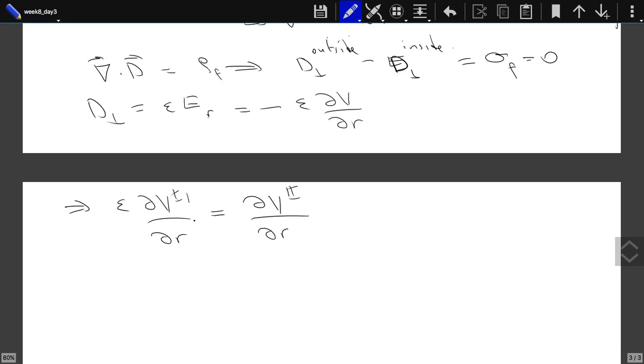Of course, this is to be satisfied on the boundary. So this will give us our second set of equations for the two sets of unknowns we have. So let's use them.